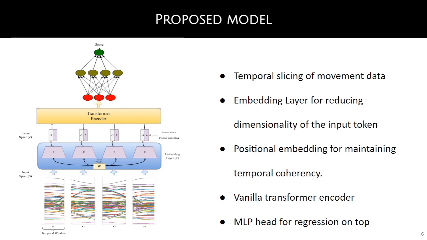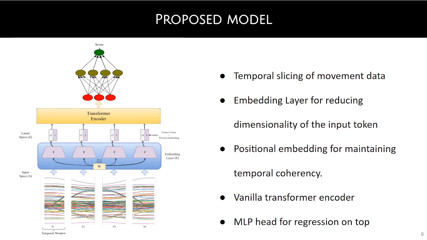Neural network models in existing literature use RNNs as a major building block. RNNs are prone to slower training times. Thus, we have chosen the transformer architecture to allow for faster training time. However, the transformer operates on tokens, which calls for tokenizing the movement data, which is of continuous form.